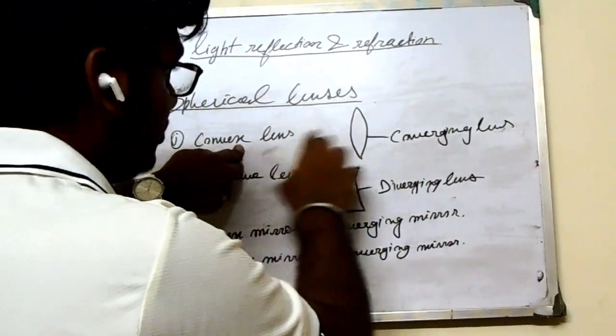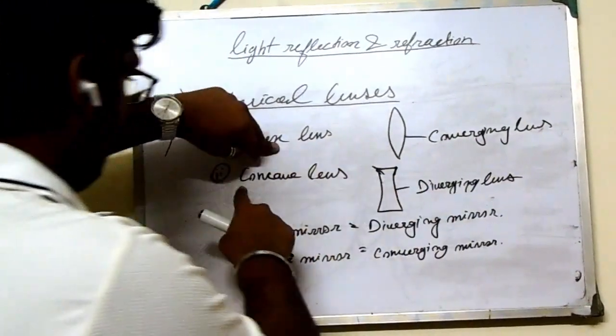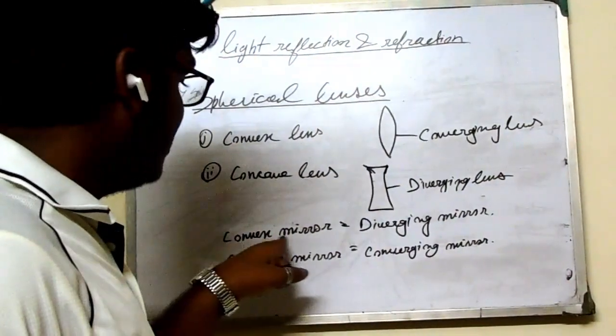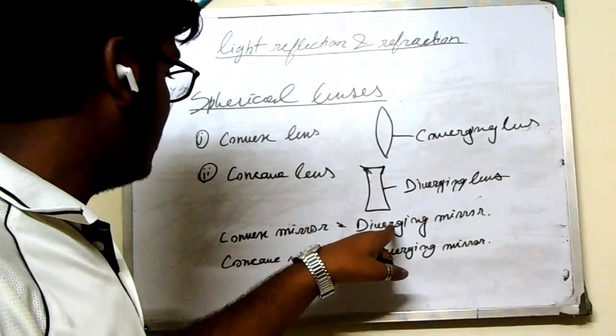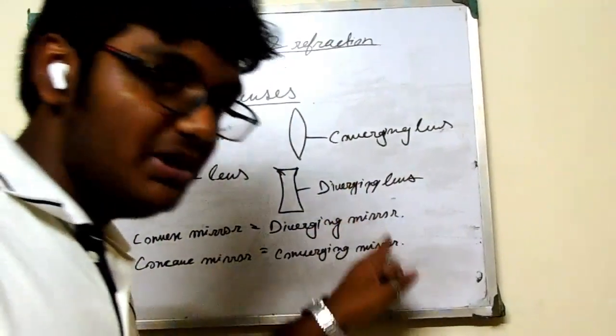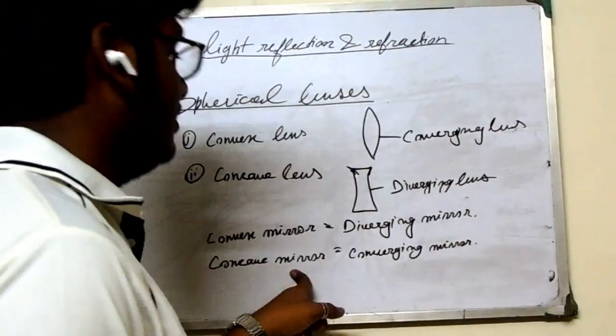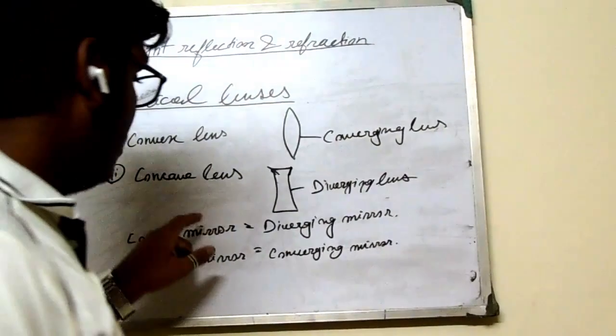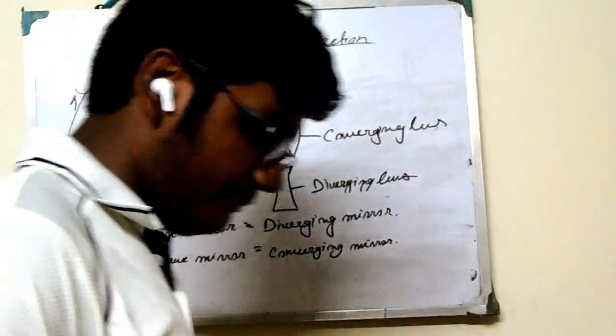Convex lens is converging, concave lens is diverging, convex mirror is diverging, and concave mirror is converging. It gets opposite in the case of mirror.